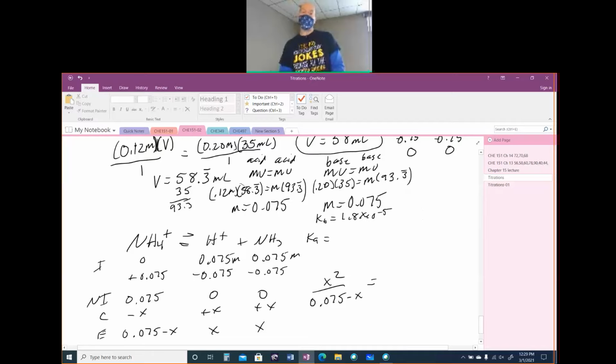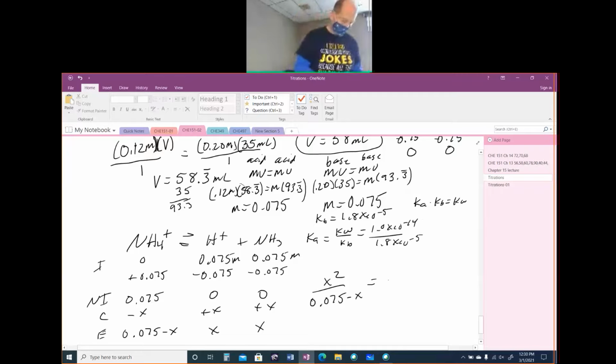So to find the Ka, you take the Kw and divide by the Kb, because Ka times Kb is equal to Kw. So 1 times 10 to the minus 14 divided by 1.8 times 10 to the minus 5 gives us a 5.6 times 10 to the minus 10.